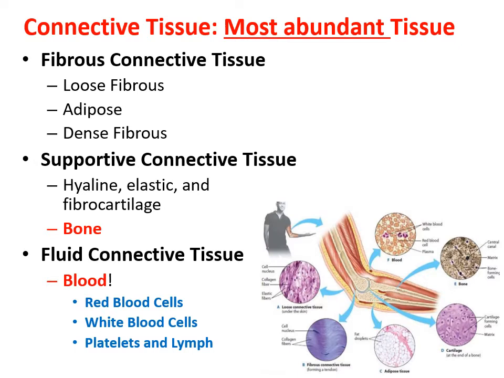Okay? And then we get to the fluid connective tissues, and the big important one is your blood. And your blood is made up of multiple cells that we're going to talk about throughout this semester, including when we go through the immune system. And in the blood, you have red blood cells, and those are critical to transporting oxygen and nutrients to all of the other parts of your body. Then you have the white blood cells, and you know these as your defenders. They fight infections.